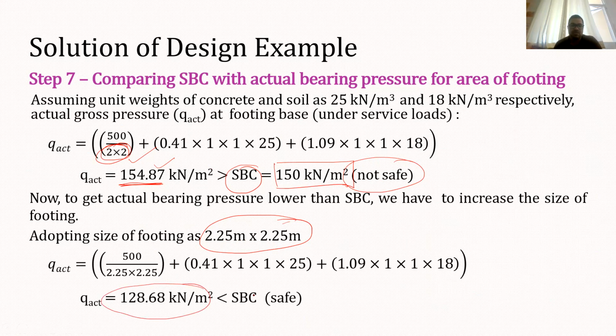And now you can see it is less than SBC. We say that this size is sufficient. So the final size of the footing is 2.25. So that is our final size of the footing.